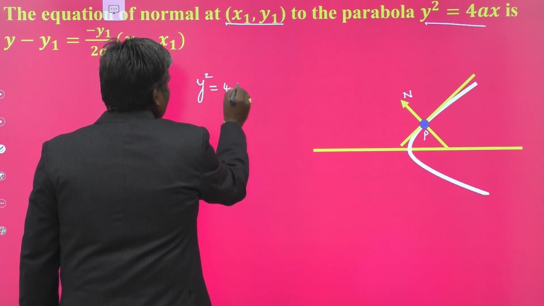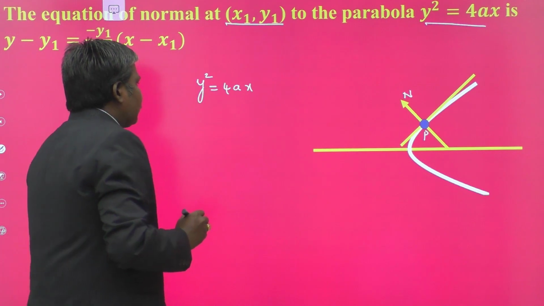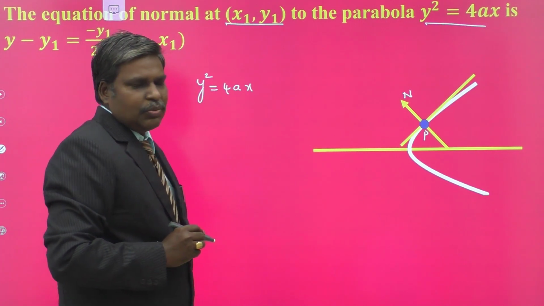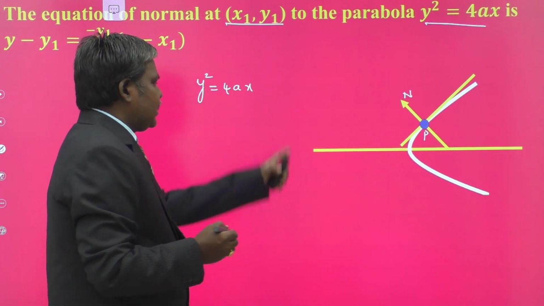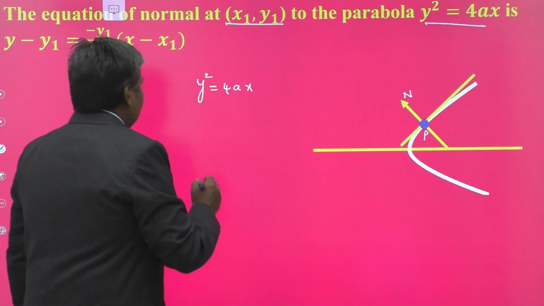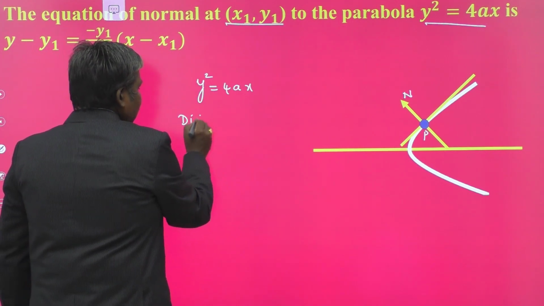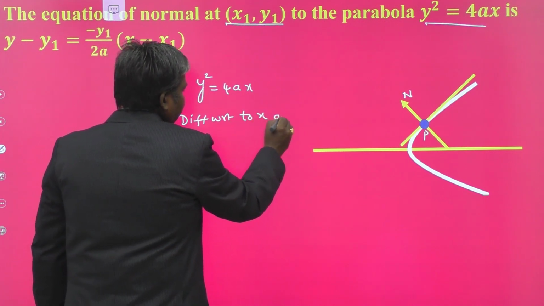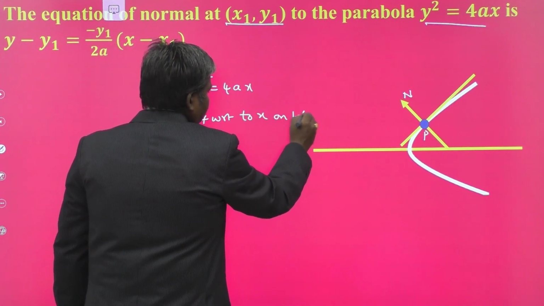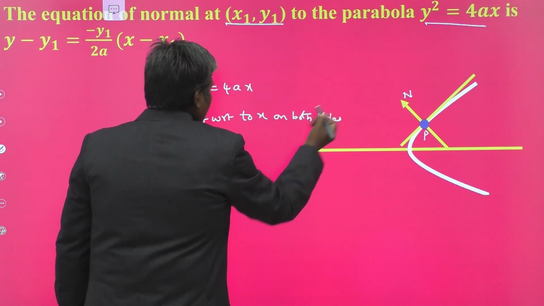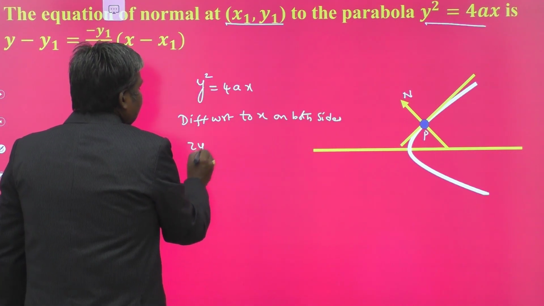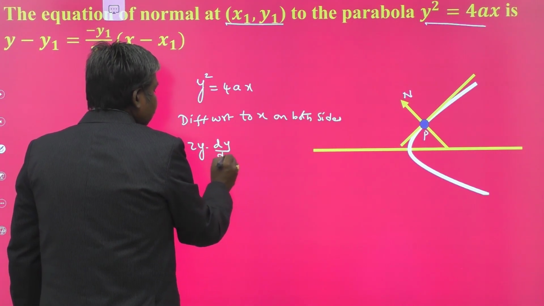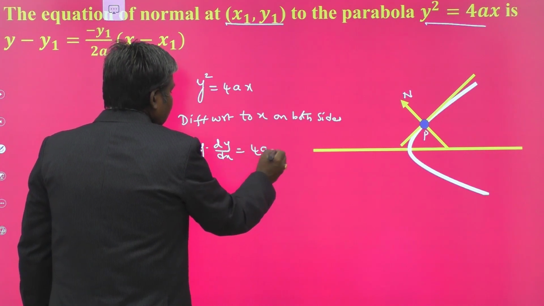Y square is equal to 4ax. Differentiate with respect to x on both sides to get the slope of tangent at point P(x1, y1). So differentiating with respect to x on both sides we get 2y dy by dx is equal to 4a.